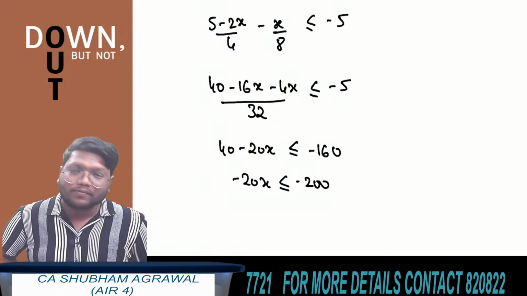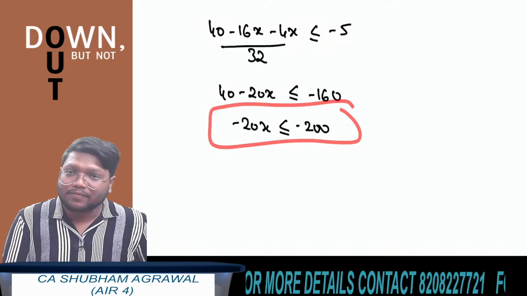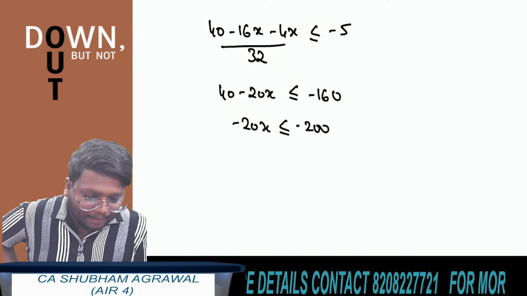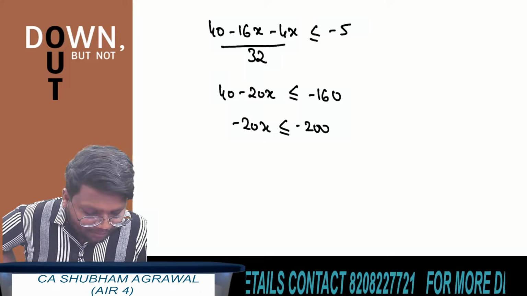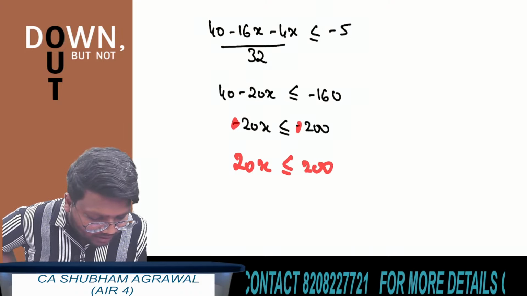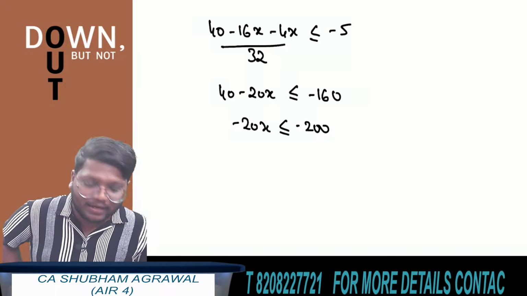Minus 200. Okay. Now don't make a silly mistake here. You cannot make a silly mistake here, because see, if we are removing the minus sign directly here, and you are writing it as 20x is less than or equals to 200, this is wrong. See, I am explaining this with the help of one example.